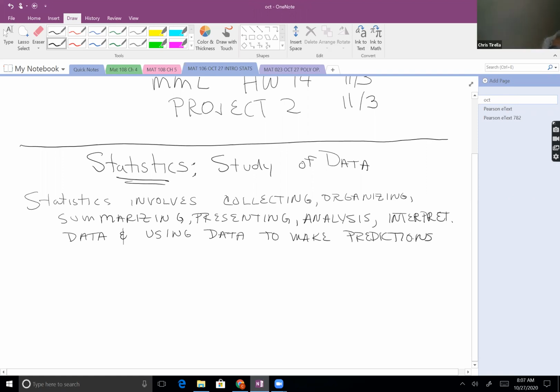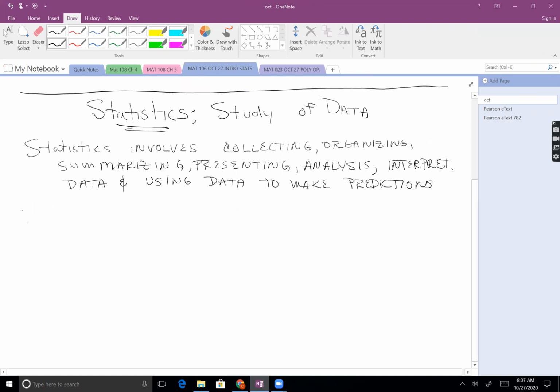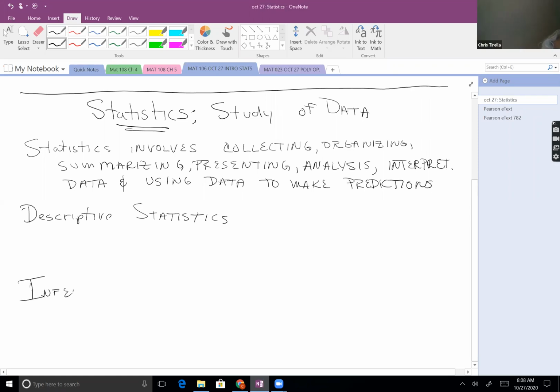We break statistics into 2 parts. We talk about descriptive statistics and inferential statistics. In this class, we'll spend probably more time on descriptive statistics than on inferential statistics, but we'll look a little bit at some inferential and using statistics to make predictions, to draw conclusions.